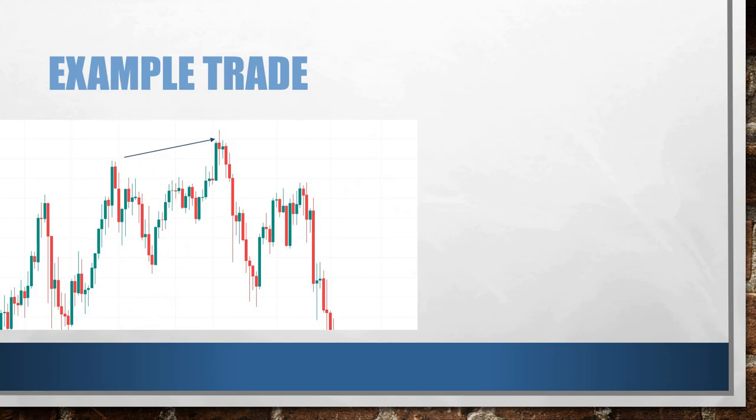Okay, and let's see an example trade here. So we have the same chart as before. We have price going up, higher high, higher low, higher high, higher low, higher high, taking this high, stopping people, and then the price collapses. Market structure is broken.